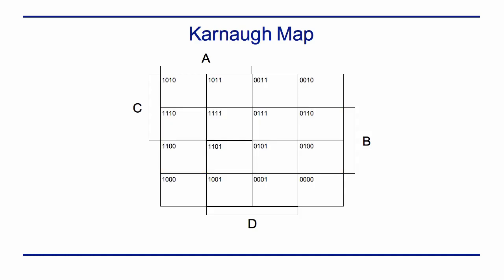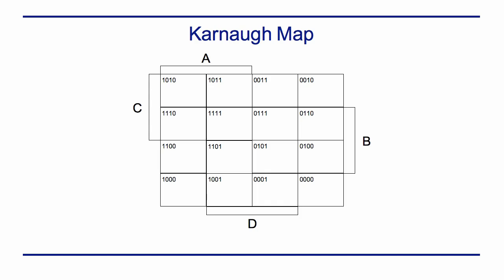By creating such a region for each variable and ensuring they never overlap completely with another, we create a grid where each cell corresponds to a row in the truth table. For convenience, we have labeled each cell with the bit pattern for the corresponding cell in the truth table. It is important to see that each cell differs from its neighbors, left, right, up, and down, by the value of only one variable.